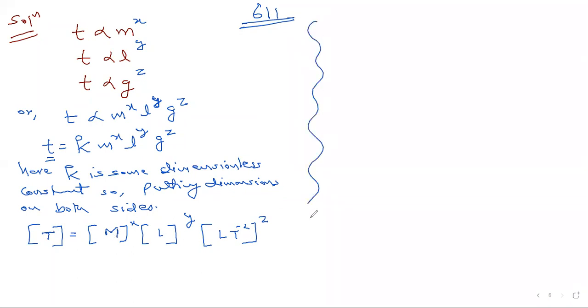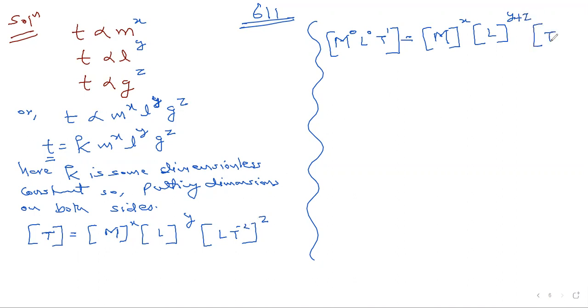So I write M to the power 0, L to the power 0, T to the power 1 on the LHS, equal to M to the power x, L to the power y, L to the power z, so this is L to the power y plus z, T to the power minus 2z. Got it? Clear?